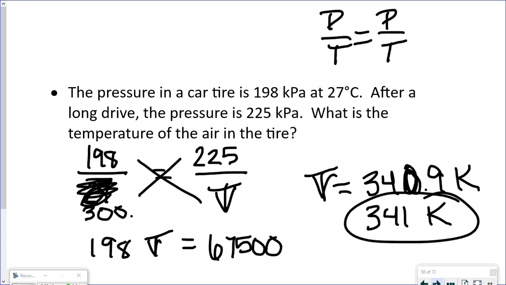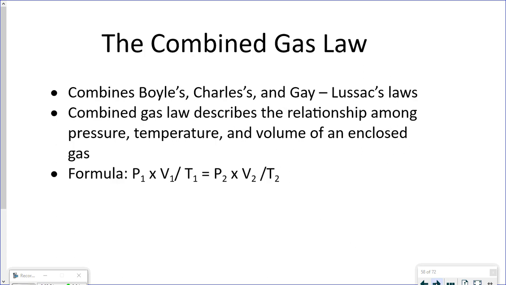All three of these smaller gas laws are not on your reference sheet, but they are in the combined gas law that's given on your reference sheet. So the combined gas law combines Boyle's, Charles's, and Gay-Lussac's law to describe the relationship between pressure, volume, and temperature of an enclosed gas.